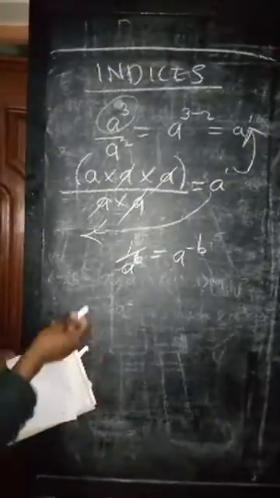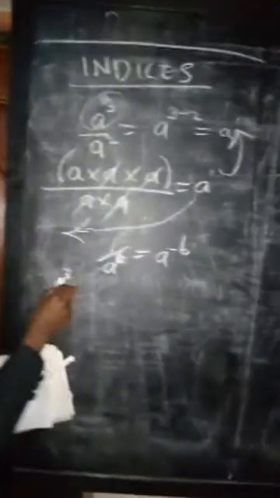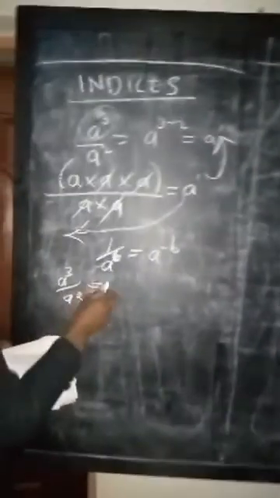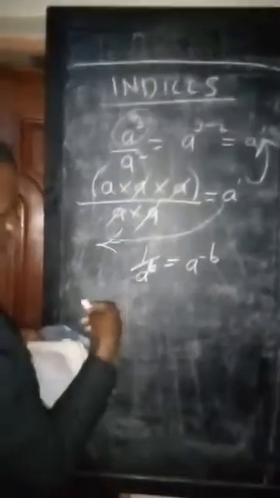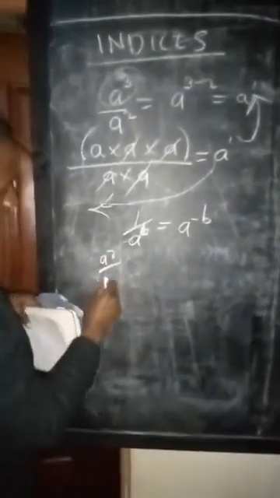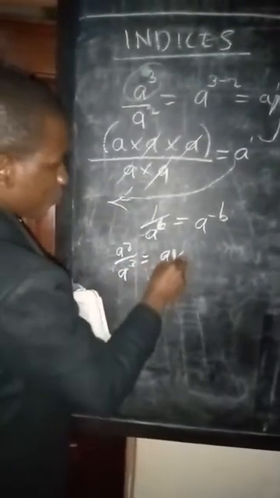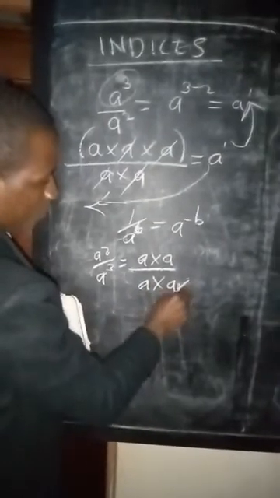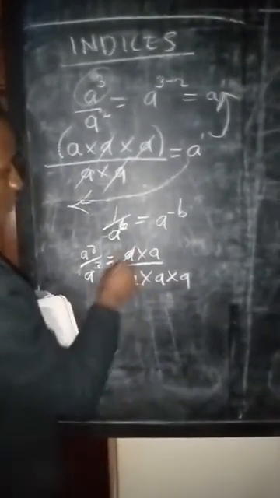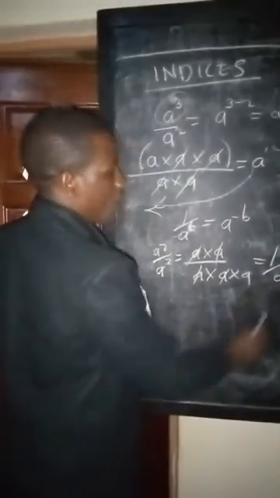For example, if we have in our initial equation a power 3 divided by a power 2, we can write it the other way around, such that we have a power 2 divided by a power 3. Manually, this gives us a multiplied by a, divided by a multiplied by a multiplied by a. When we simplify, we get 1 over a power 1.